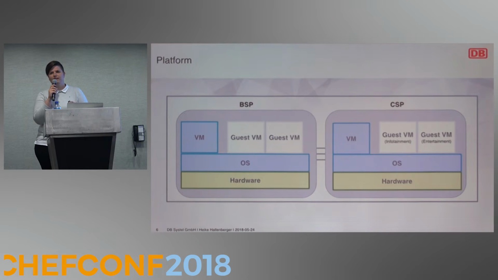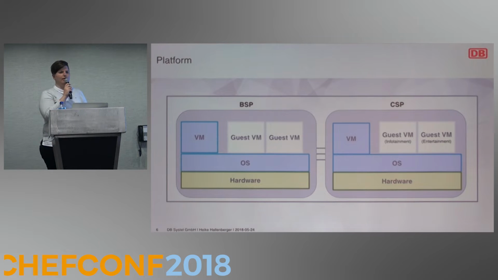The high-level architecture of the platform was supposed to look like that. We have 2 server sites actually on this platform. They're independently working. We have a left side and the right side. The right side is for the consumer services on the train, and the left side is for the operational services on the train.